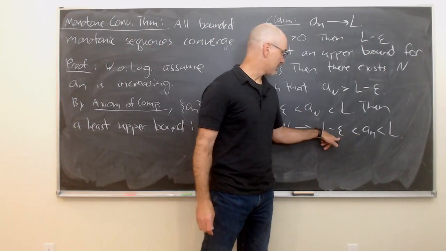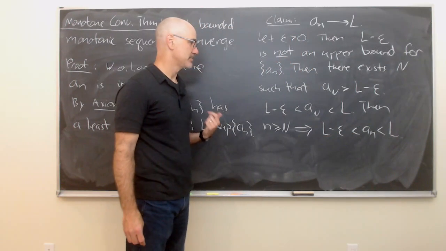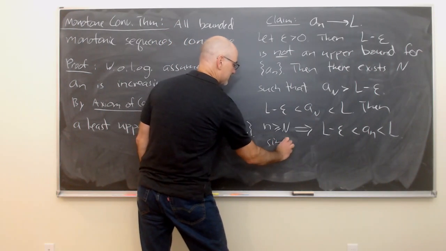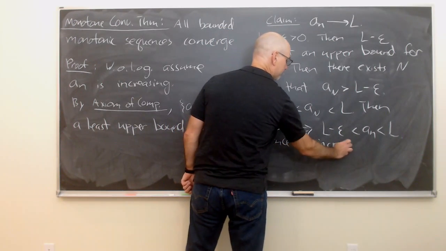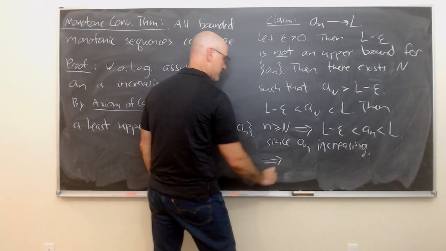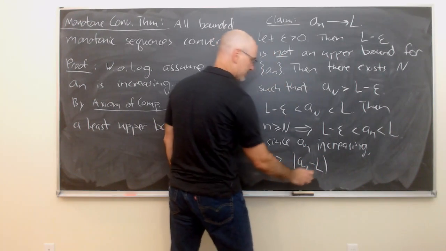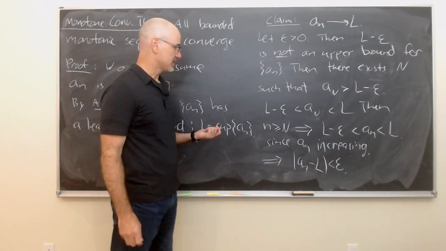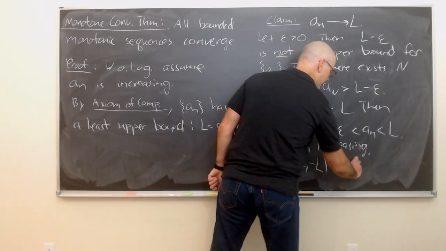But being between L minus epsilon and L is exactly what we need for a sub n to be within epsilon of L. So that happens since a sub n is increasing. And that implies that the absolute value of a sub n minus L is less than epsilon, because a sub n is between L minus epsilon and L. So that completes the proof.